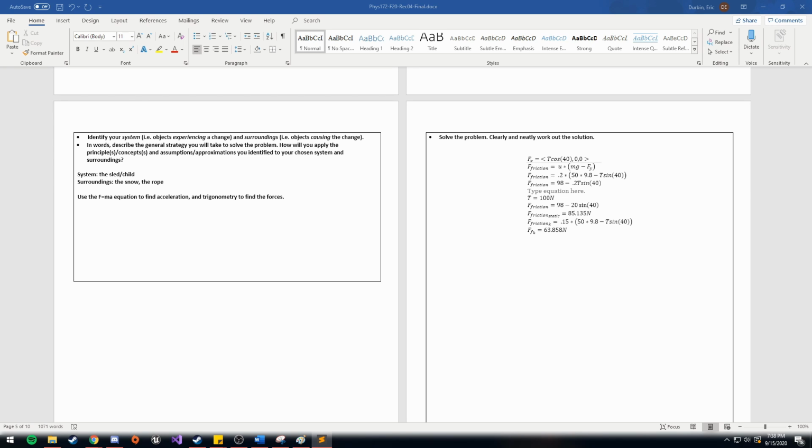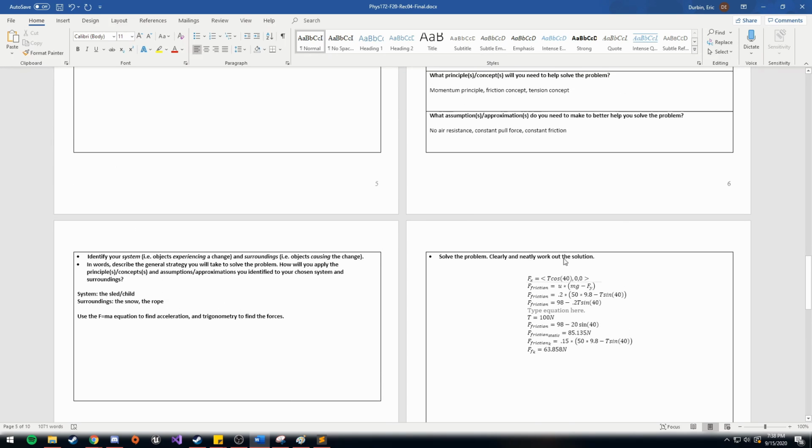Okay, and then after that, we have our net force, right? So we just subtract 63 from whatever the x component of T is. Well, hold on.